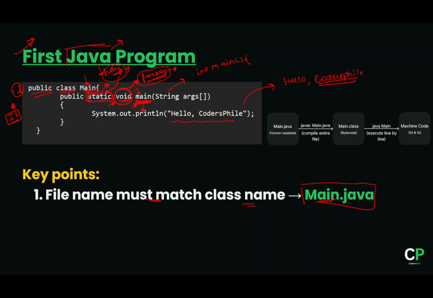But if we define it as static, we don't need to create the object of that class in order to call this method. If you are not getting this, just remember the keyword and how it is used. We will see how it works later in this course.